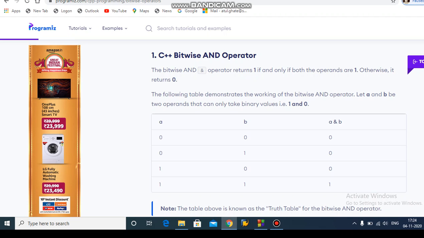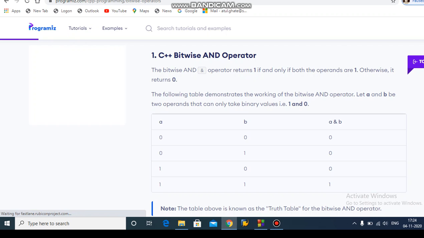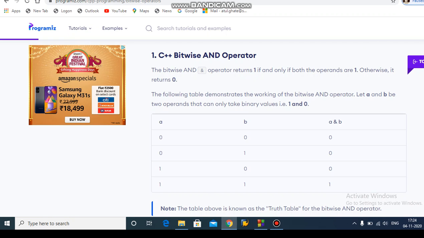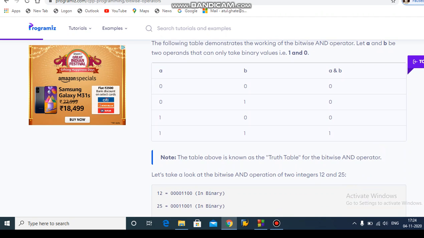Then 1 and 0: A is 1 and B is 0, again it gives 0. And when A is 1 and B is 1, the AND operator gives the final result 1. Note that the above table is known as the truth table for the bitwise operator.